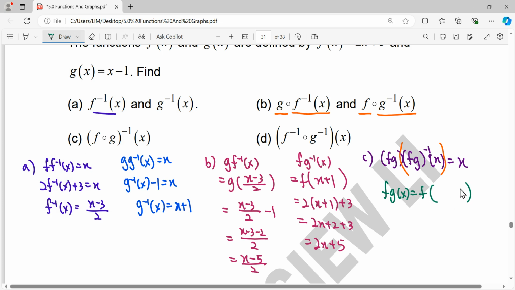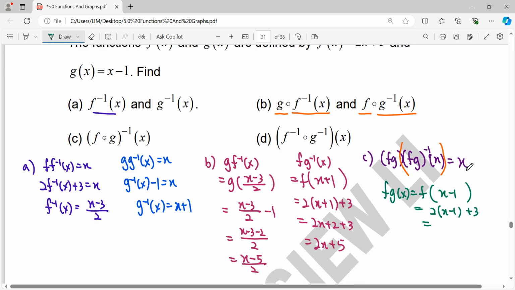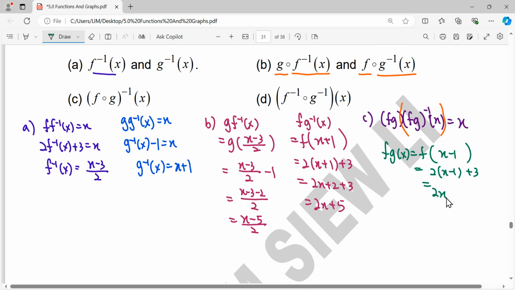Substitute g(x), which is x minus 1, into the function of f. So it will be 2 times x minus 1, plus 3. Simplify, we get 2x minus 2 plus 3. So composite function fg is 2x plus 1.